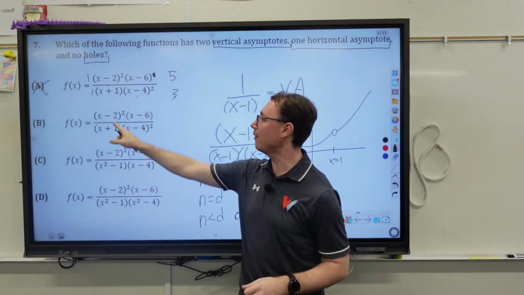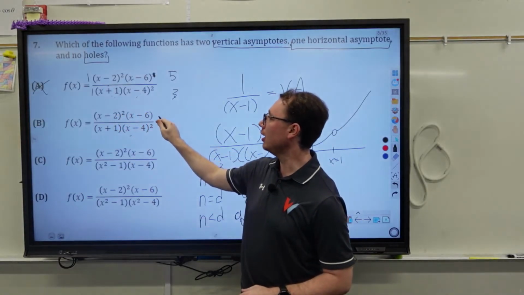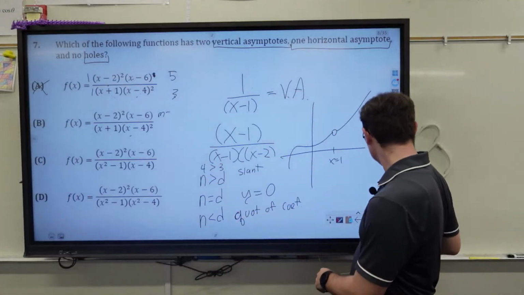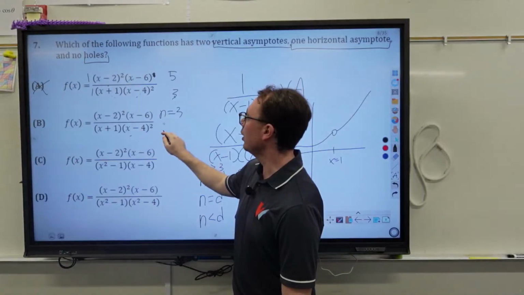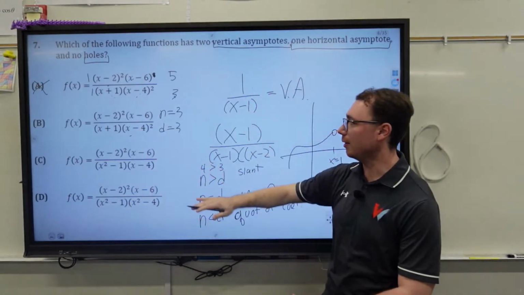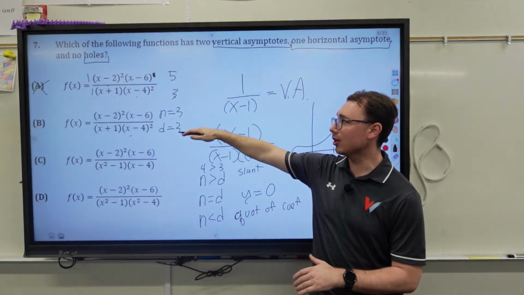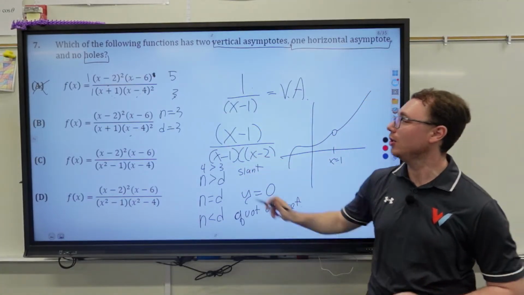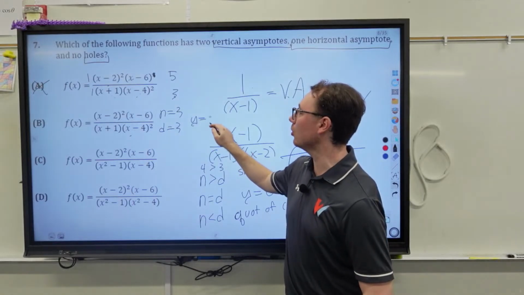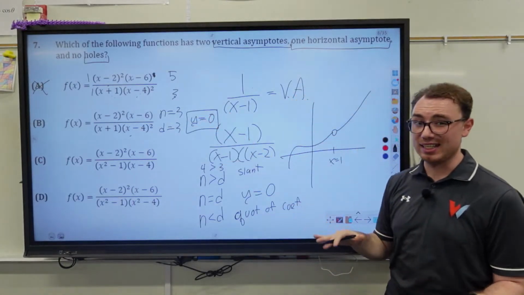Since we have the degree of the numerator equaling 3, and the degree in the denominator also equaling 3, we know that since both degrees are the same, there is a horizontal asymptote at y equals 0. It's one of those easy cases.